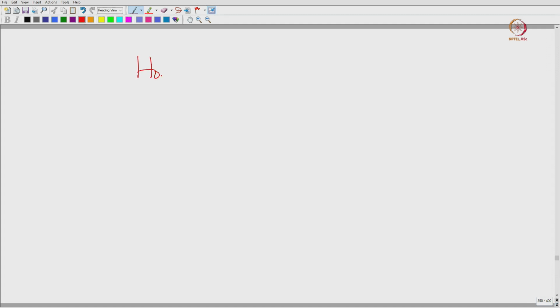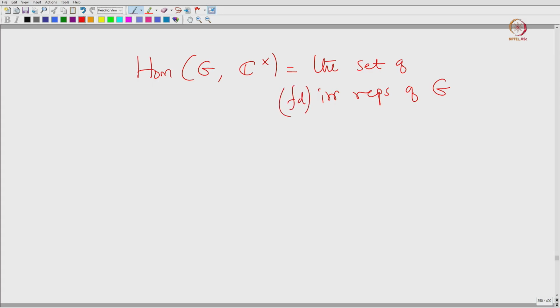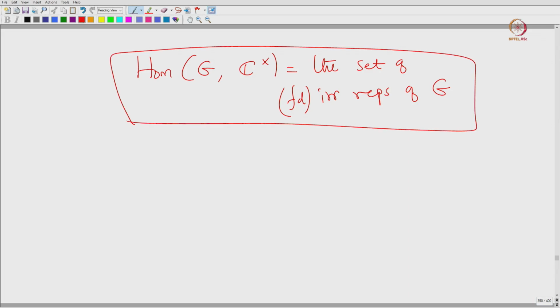So, Hom(G, C cross) is the set of irreducible characters of G, and also the set of irreducible representations of G, because all the irreducible representations, being finite dimensional, have dimension one. So, in particular we can identify them with characters, and they are nothing but group homomorphisms from G to C cross. This is the identification that we make whenever we talk about abelian groups.